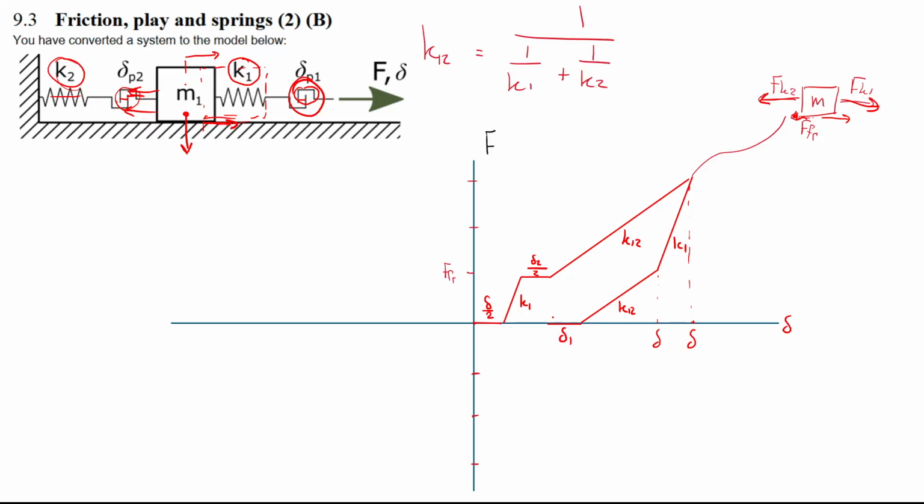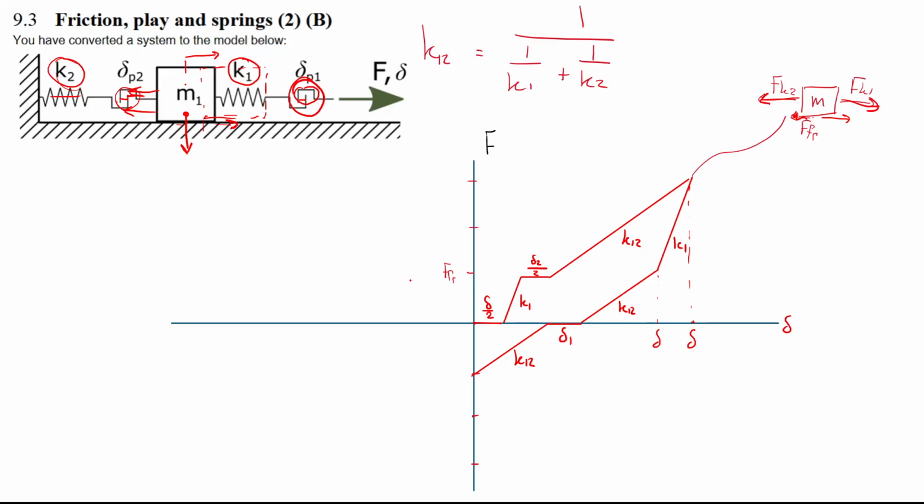So K1 and K2 are working together, and they're going down with this slope, of course. Again, K12.